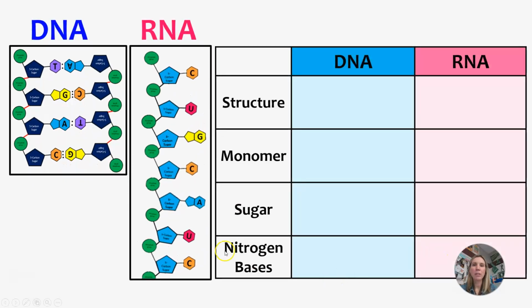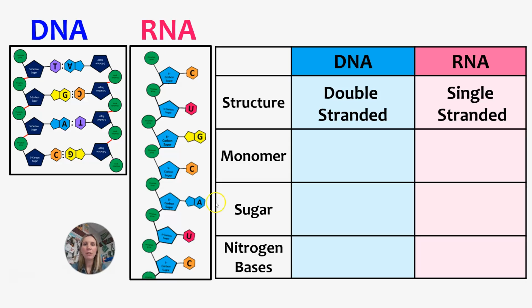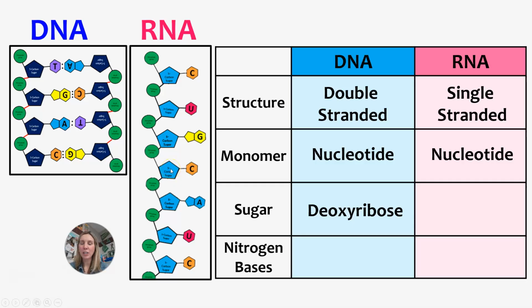So comparing these two molecules together, the structure: DNA is double-stranded, RNA is single-stranded. When we look at the monomer, they're both nucleotides. So DNA is made out of a nucleotide, RNA is made out of a nucleotide. But what's different about these nucleotides are the nitrogen bases and the sugar that they're made out of. So the sugar for DNA is called deoxyribose, and the sugar for RNA is called ribose, which is why it's called RNA.